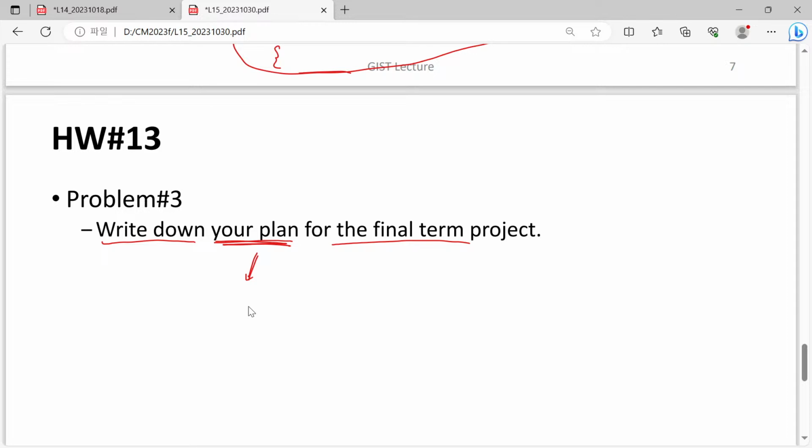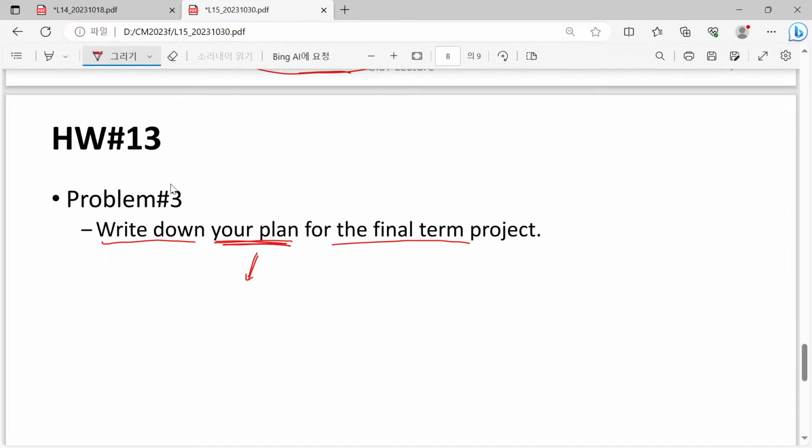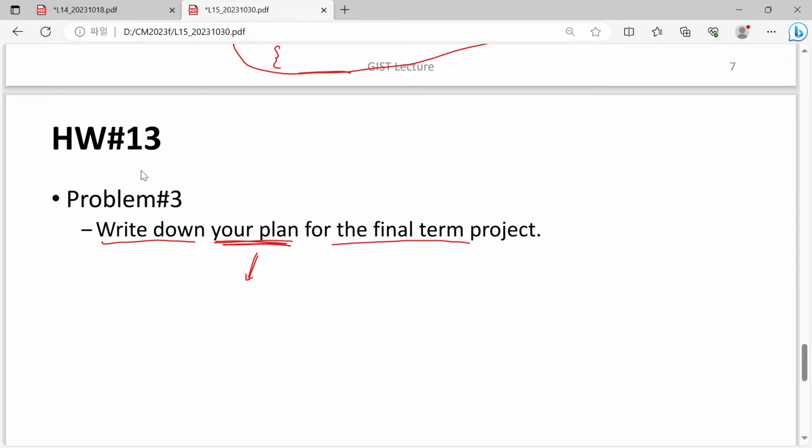So you must choose to go without my help or find another topic for your final term project. The reason for this homework problem 3 is just discussing your final term project. Okay, are you all with me about the purpose of this problem number 3?